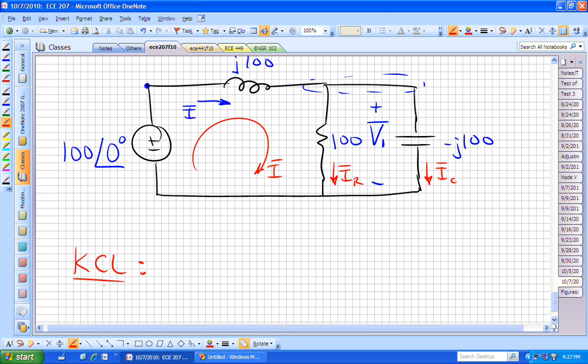KCL still holds when we're dealing with complex numbers. If I want to know the current going from the node that we've circled to the source node, I want to go from right to left with a positive current through that inductor, how would I define it?